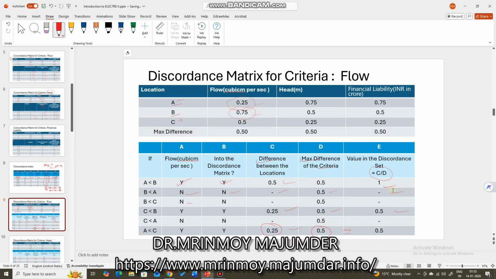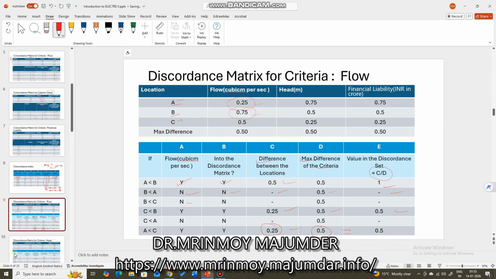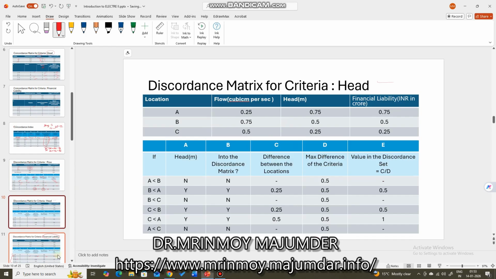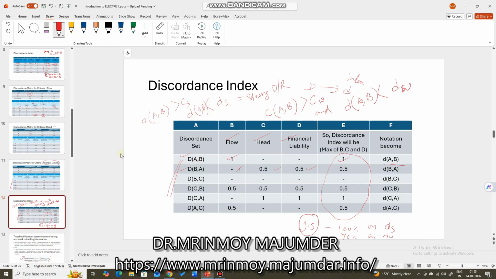That will give you the value in the discordance set. Accordingly, we have done that for flow, head, and financial liability. Ultimately, we have developed the discordance index, where the maximum value of the discordance index for the criteria flow, head, and financial liability is taken as the value of the discordance index.